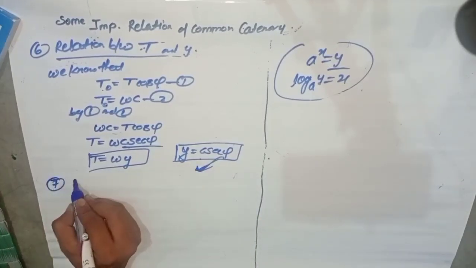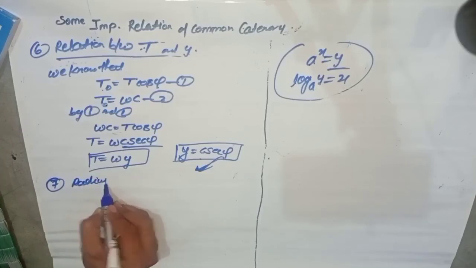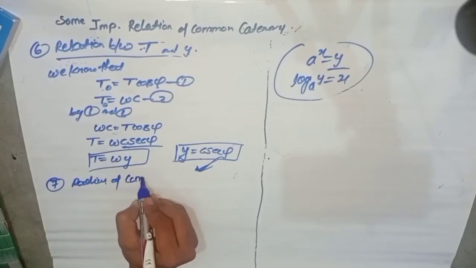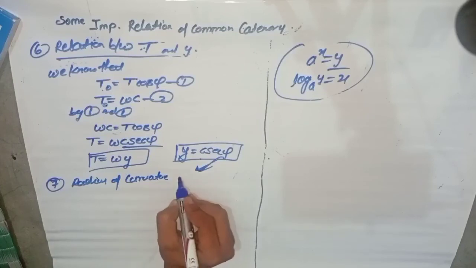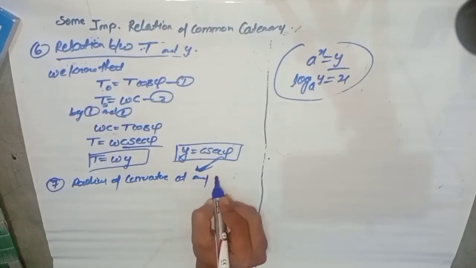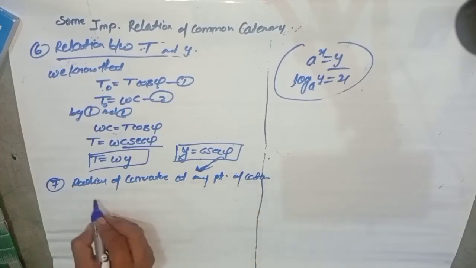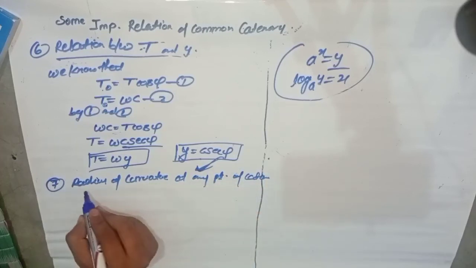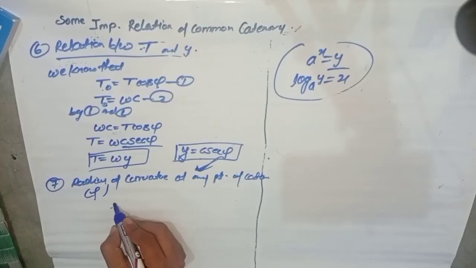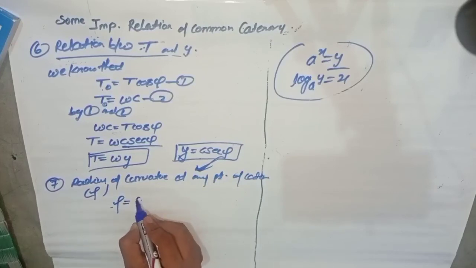Now seventh is the radius of curvature at any point of the catenary. The radius of curvature is represented by rho. Now we have a relation rho equal to ds upon d psi.